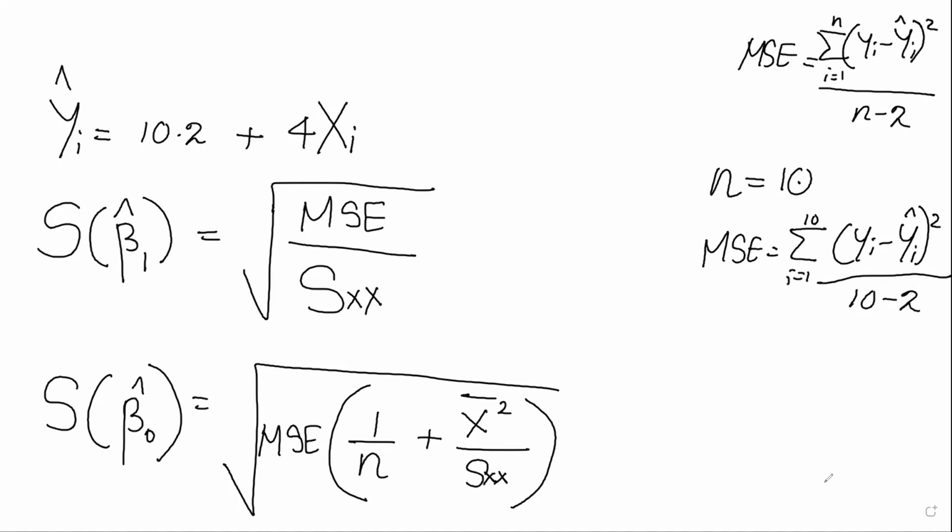So you are supposed to compute this quantity in order to compute MSE. You have to compute MSE in order to compute this quantity. Sxx is already computed in that table, so you can use that value without wasting time. So how are you going to compute this quantity? What does this really mean? The gap between the observation and the fitted value.